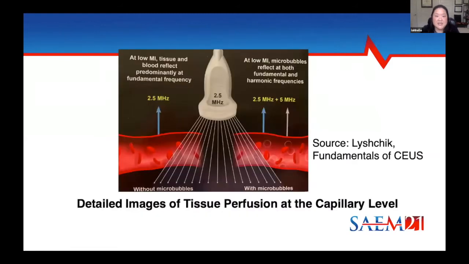At low mechanical index, the tissue and blood reflect predominantly at fundamental frequency, but with microbubbles at low mechanical index, they reflect at both fundamental and harmonic frequencies. And so your ultrasound machine can subtract the fundamental frequency and just focus on detailed images of tissue perfusion at the capillary level.